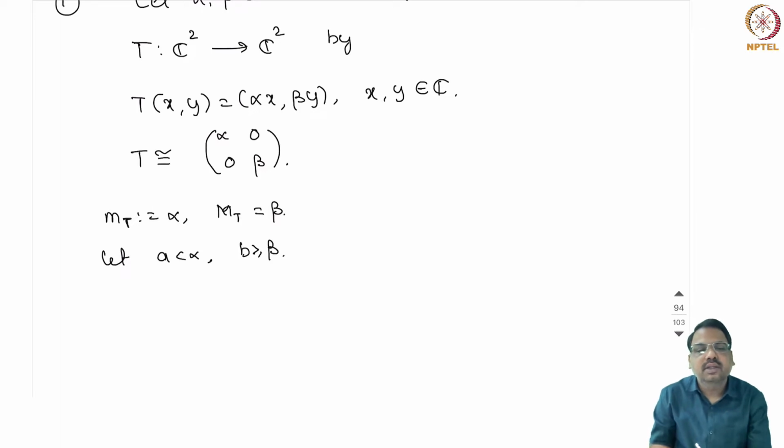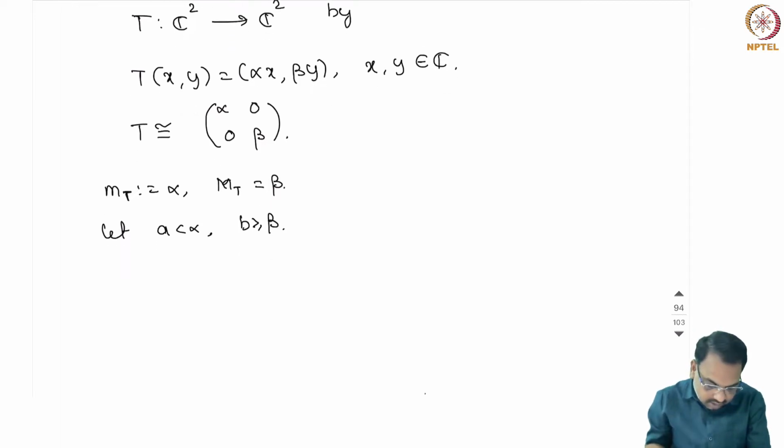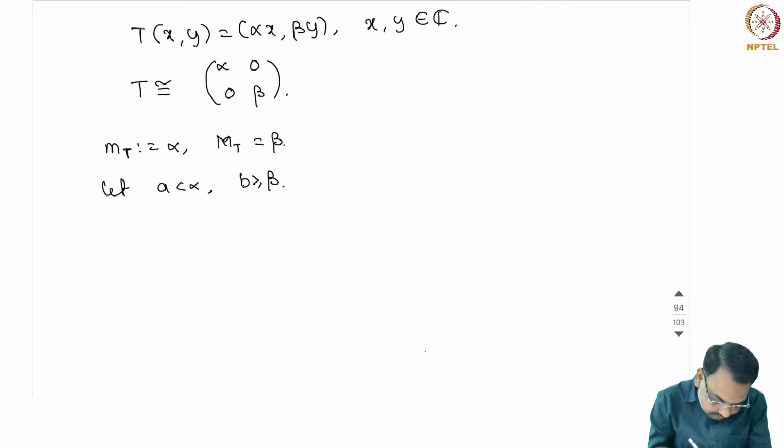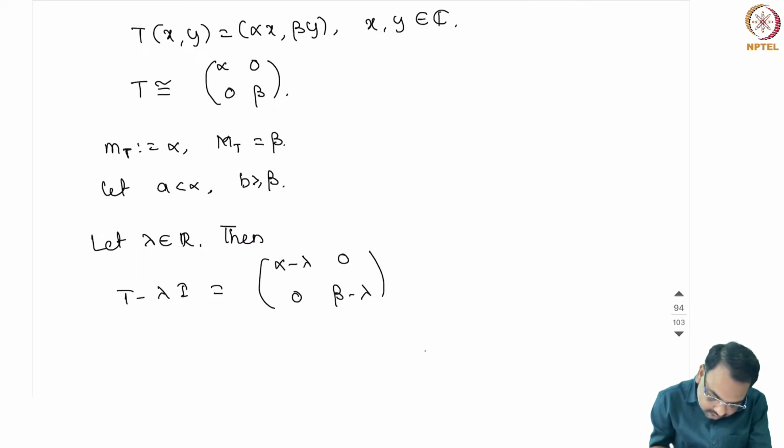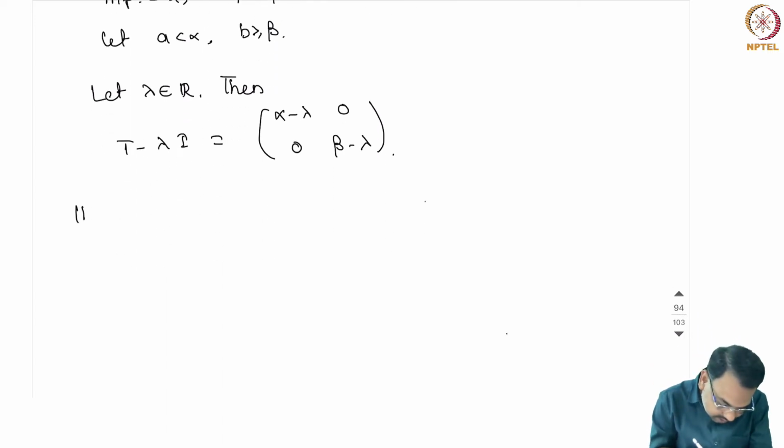We want to look at the spectral family generated by T. So for that, let us take lambda in R, then T minus lambda I. Let us write this in matrix form only. This is alpha minus lambda, 0, 0, beta minus lambda.